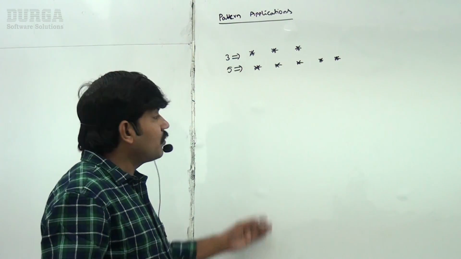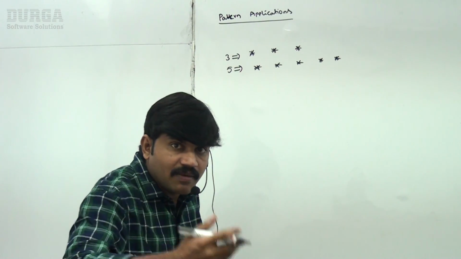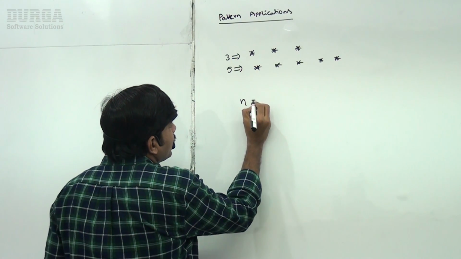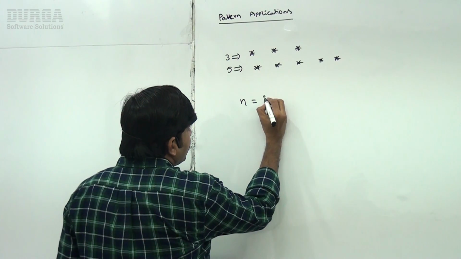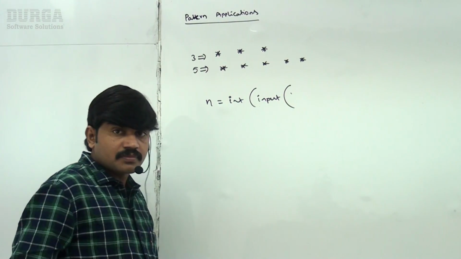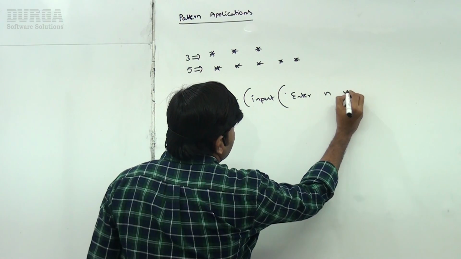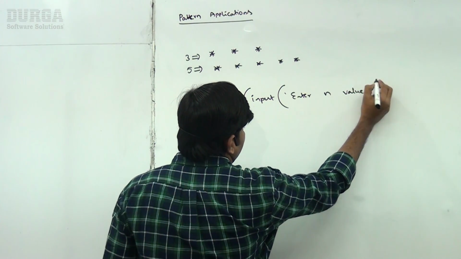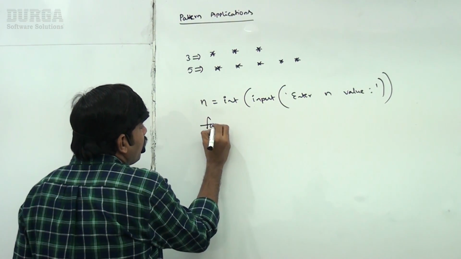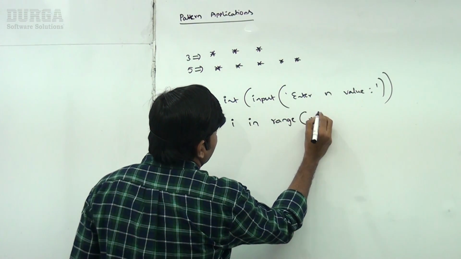What is the code? Don't worry, it is a pattern example, so from these basics we will go to the next level. First, read the n value: n is equal to int of input of "Enter n value". Now, for i in range of n.